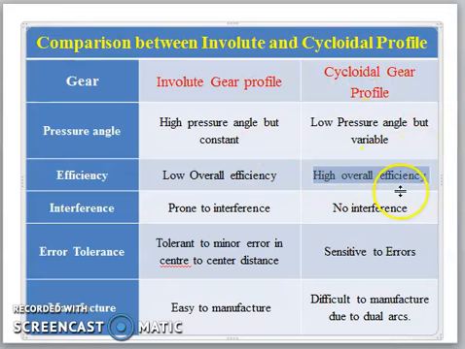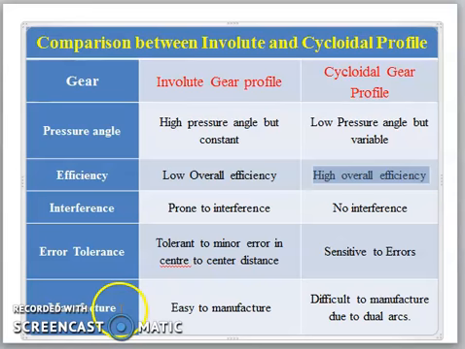In the cycloidal gear profile there is no chance of interference between the two gears. Error tolerance: the involute is very sensitive to errors in the center distance.